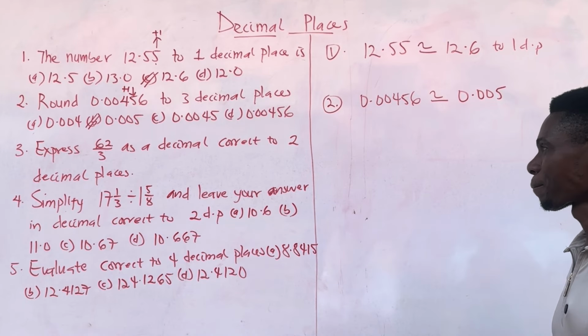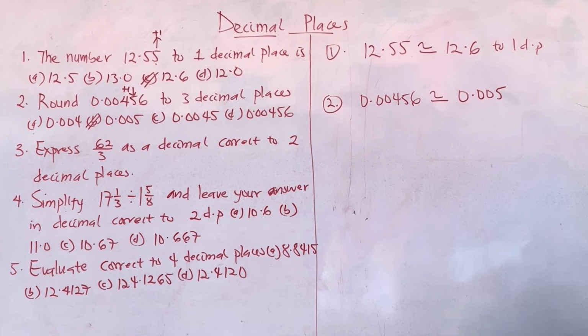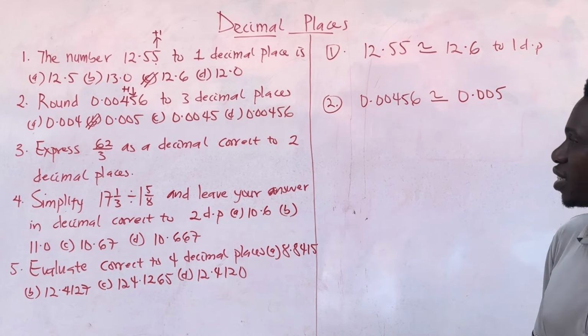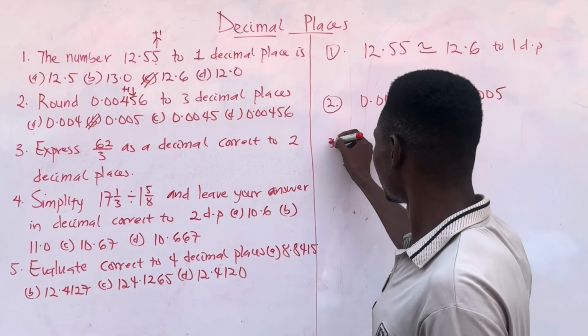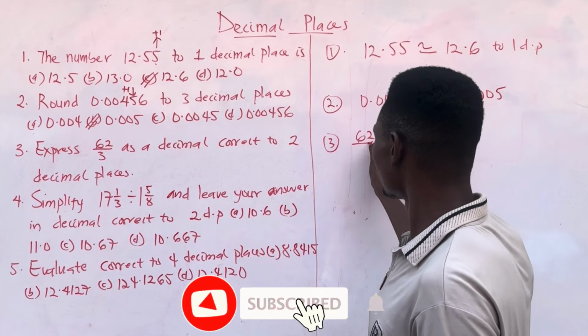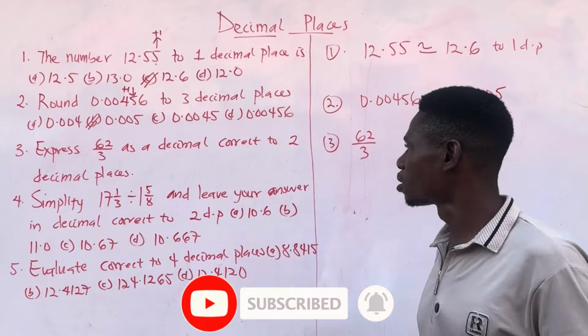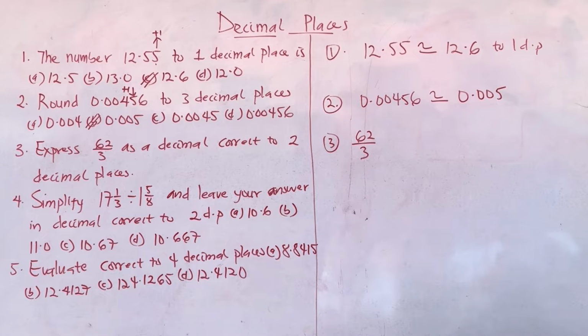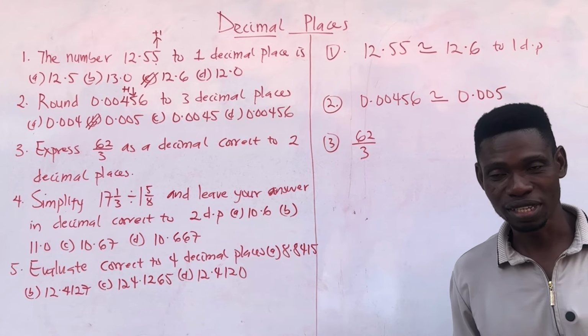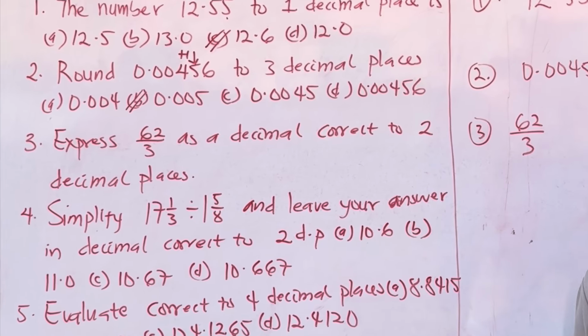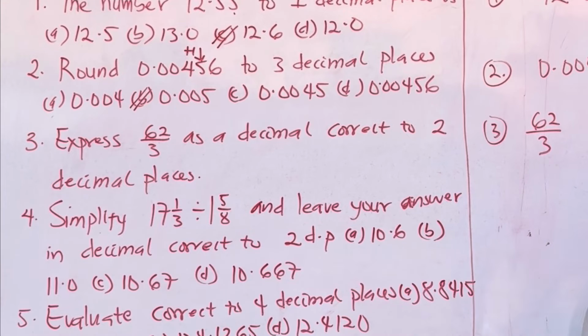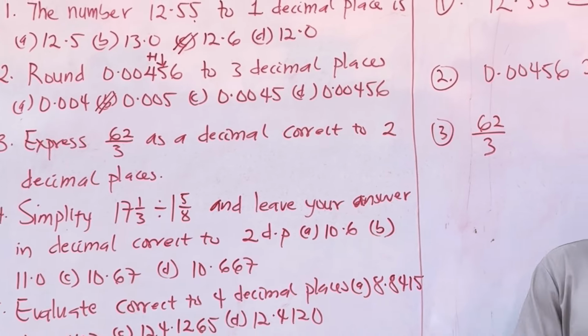Okay, number 3 says express 62 divided by 3 as a decimal correct to 2 decimal places. Remember what I told you, for the sake of exam, you don't have time to waste. Just pick your calculator, divide, get your decimal number, and then you approximate.